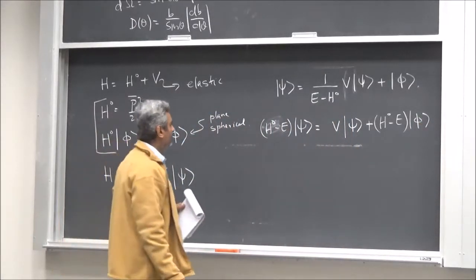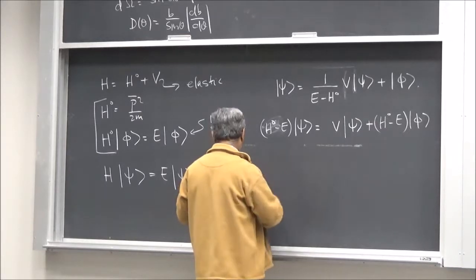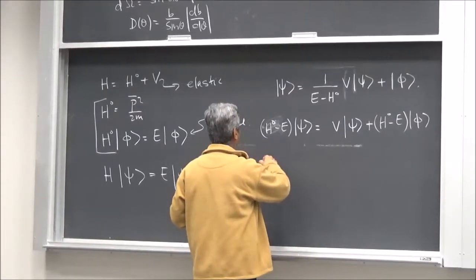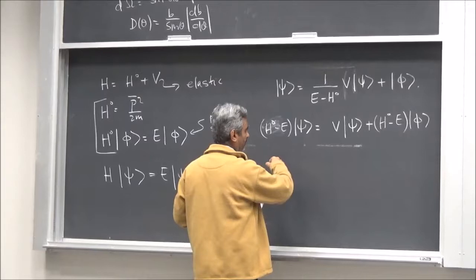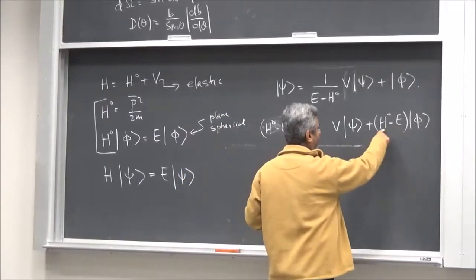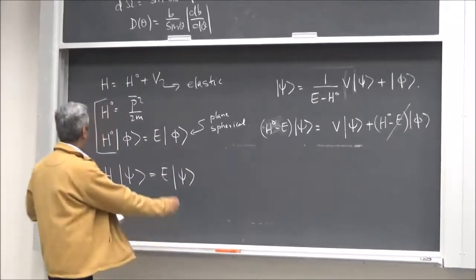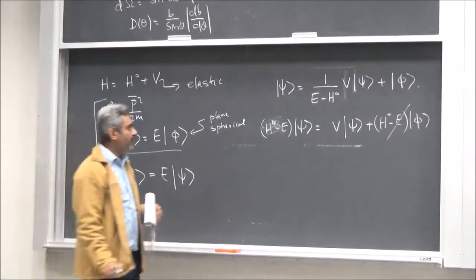And this can be written as, you can see this, H naught minus E, this is 0, from this equation. Okay.